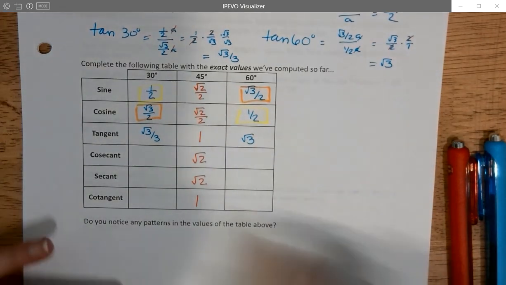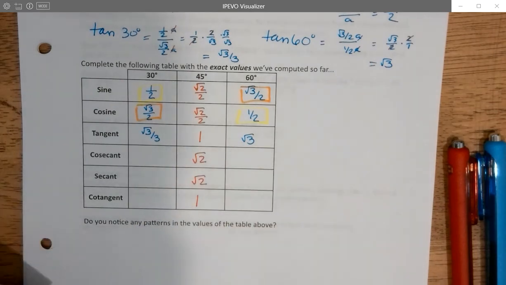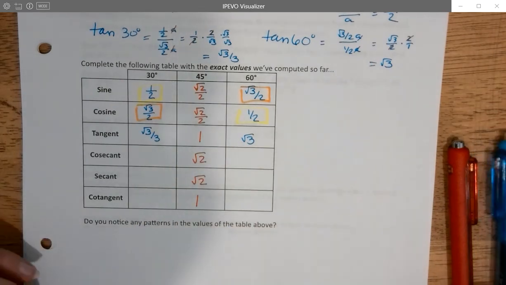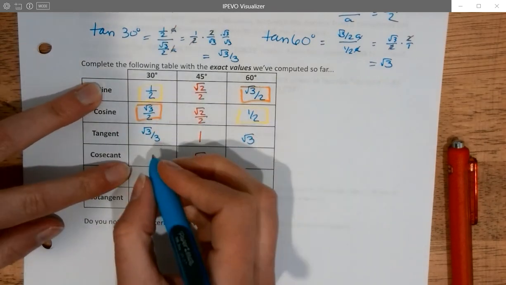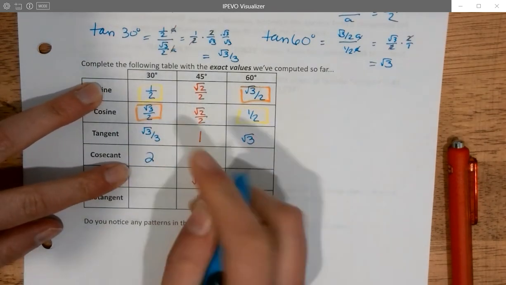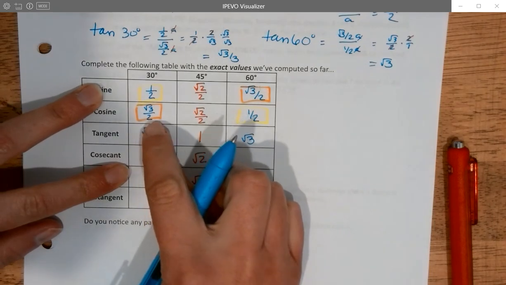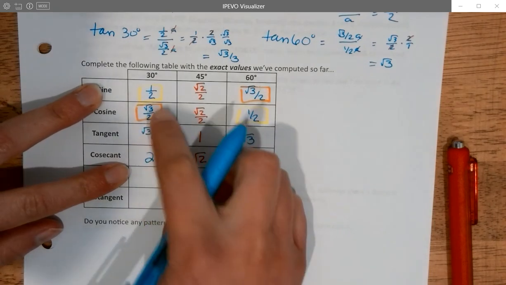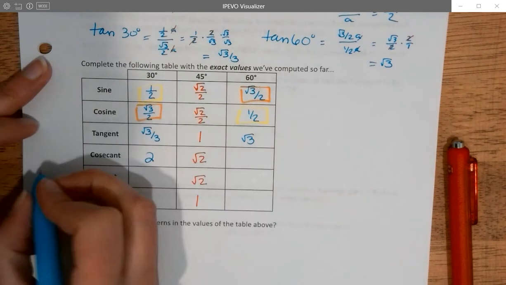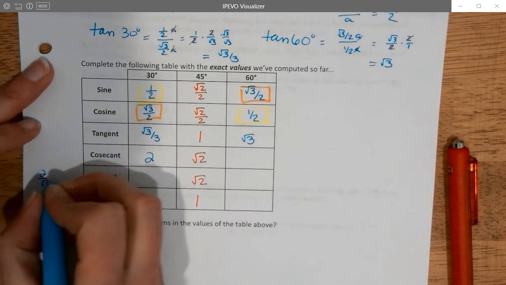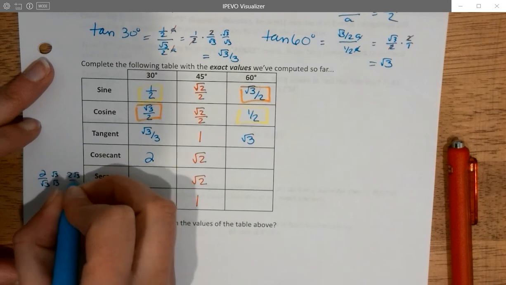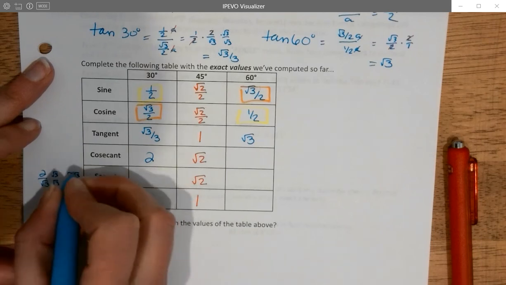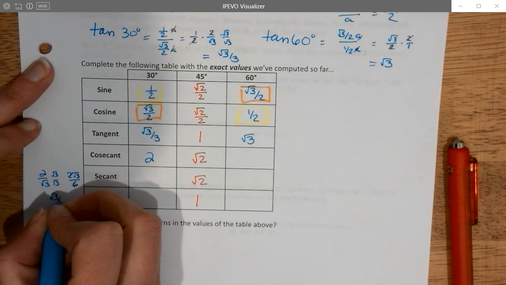Now I need the cosecant, cotangent, and secant for each of these. So if I have 1/2, its reciprocal is going to be 2 over 1. If I have 2 over the square root of 3, it rationalizes as 2 square root of 3 over 6, which reduces to square root of 3 over 3.